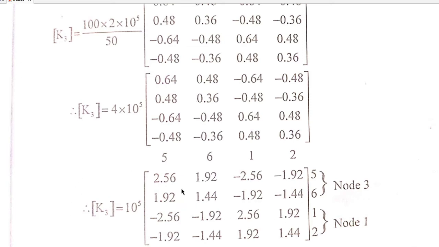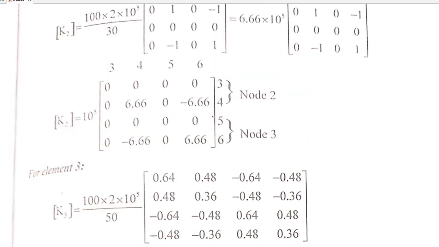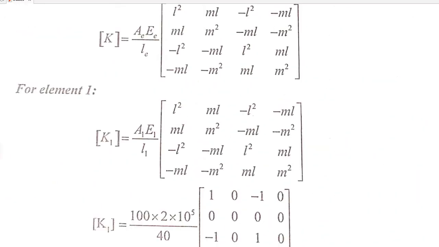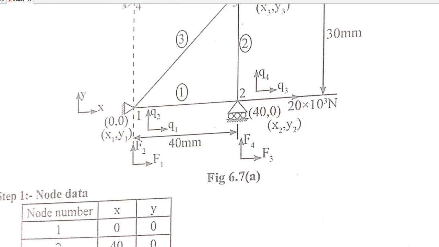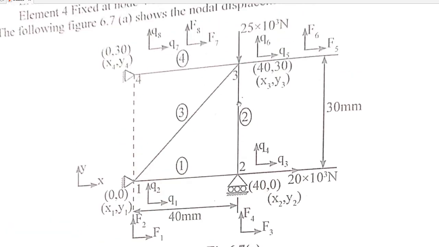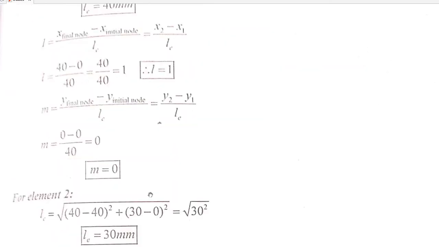K3 belongs to what node numbers? 3 and 1. Therefore, what are the corresponding nodal displacements? At node 3, Q5, Q6. At node 1, Q1, Q2.